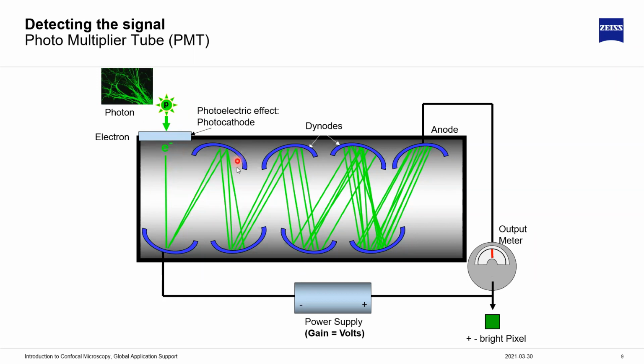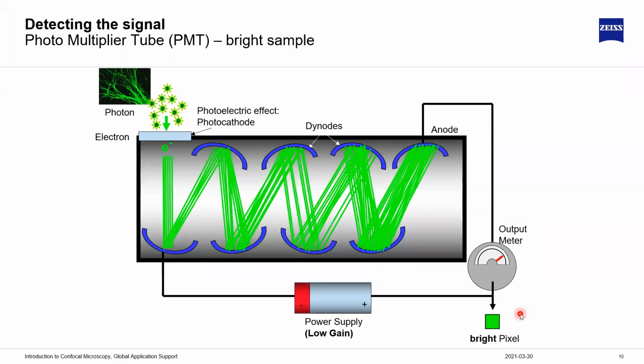Now these electrons are led inside the PMT, where you have dynodes. This is a cascade of dynodes, where each dynode is more positive than the previous one. So the electrons are led through this cascade and multiplied, and at the end, the signal that we can measure with our computers is electricity, and we get a certain pixel, which will be more or less bright depending on your sample.